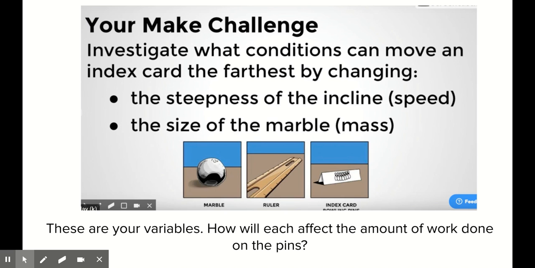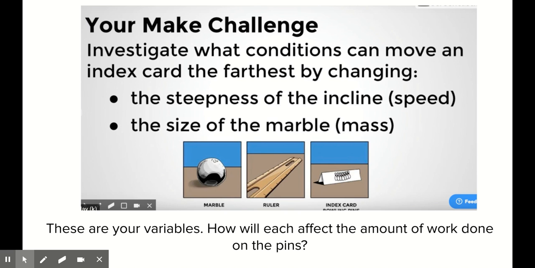We will have a ruler, which will serve as the track for the bowling alley, and we'll be able to place the ruler at different heights. And then we'll have an index card, which we will use to represent the pins, and we will be seeing how far we can push the index card to document how much work was done on it.